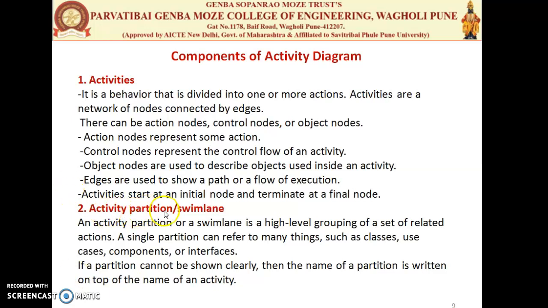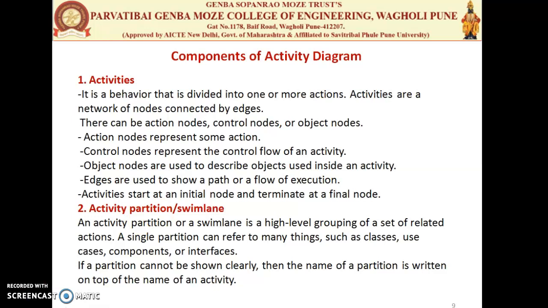The next one is the activity partition. Similar sets of functionality are grouped together, which is called a partition or swim lane. A single partition may have multiple classes, use cases, components or interfaces. If there are multiple partitions, the name should be given at the top of the partition.